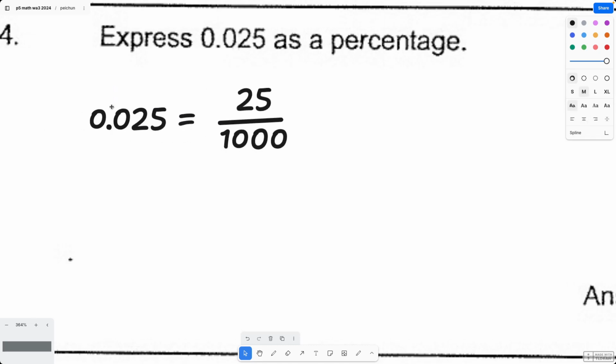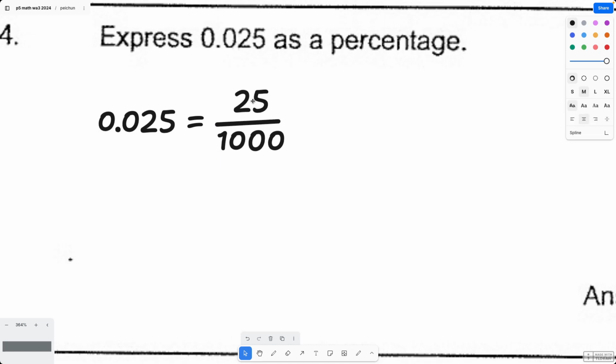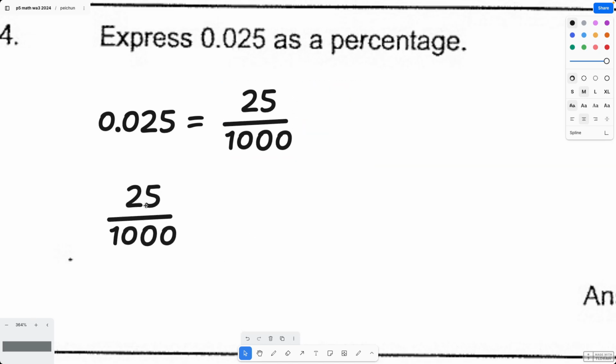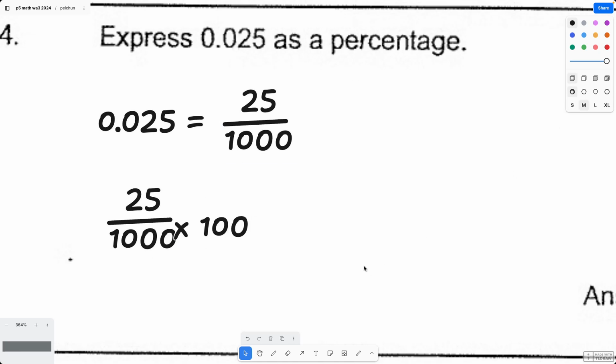Okay, now we know this is the case. The next thing is we can convert any fraction to a percentage by just multiplying by 100. So we can just do this, right? And then we can just say times 100, like this, right? And basically what we can do is we can cancel it out.